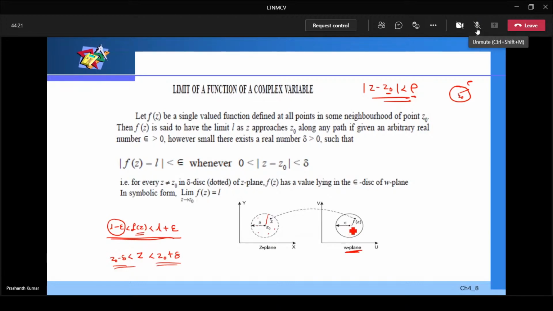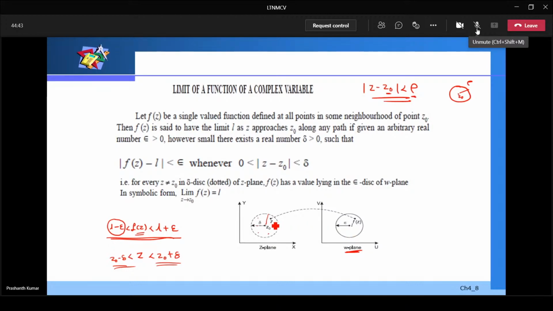So this is the way. What is epsilon? Epsilon is the open disk radius. Definitely, if z is inside the delta, automatically f of z should also be inside the epsilon. z naught is the center point and L is the limit point.